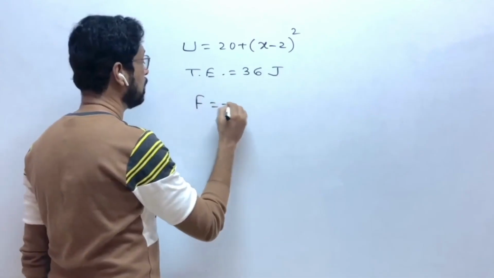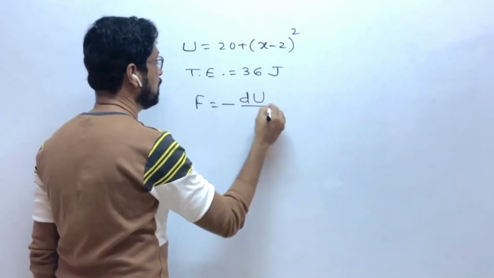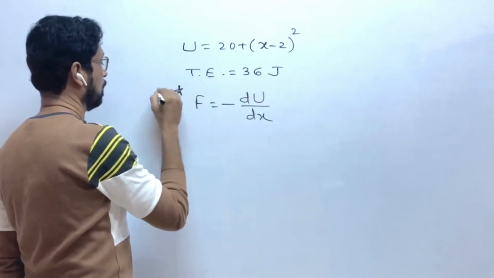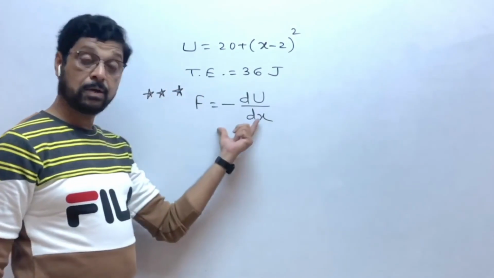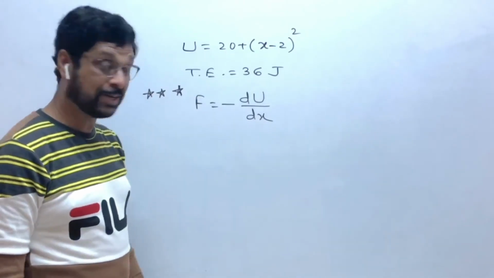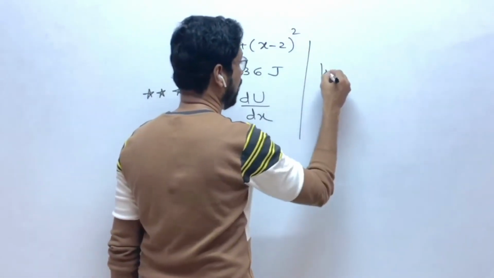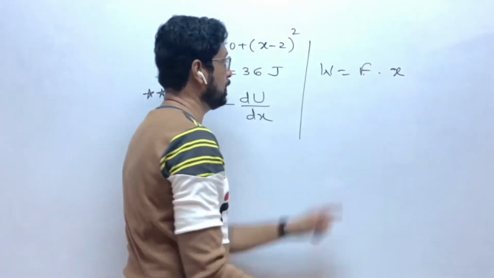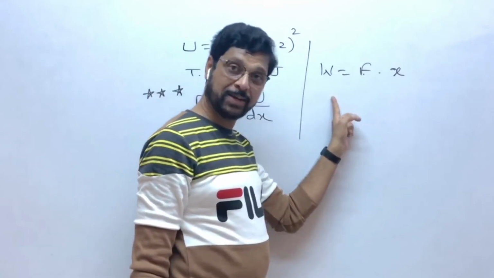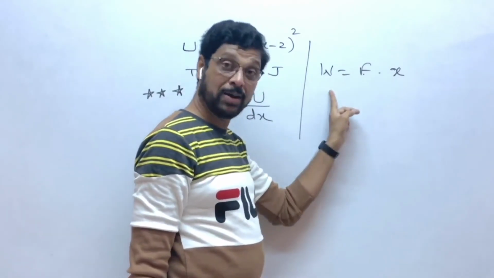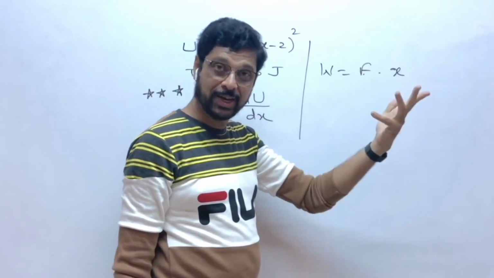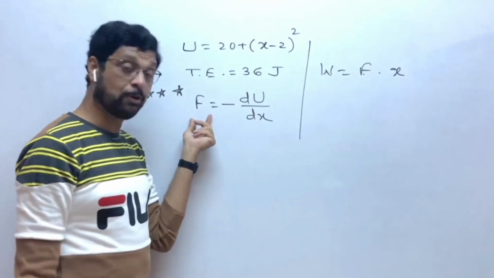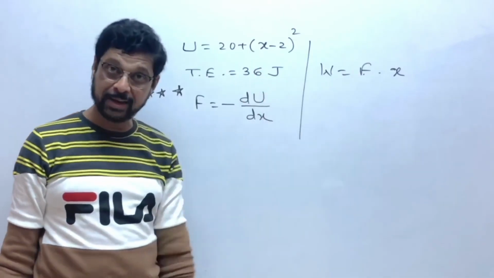Force is minus du by dx. Know this or not? You know that work is force into displacement. So force is work upon displacement. Work means potential energy. So force is potential energy per unit displacement. So exact formula F is equal to minus du by dx.